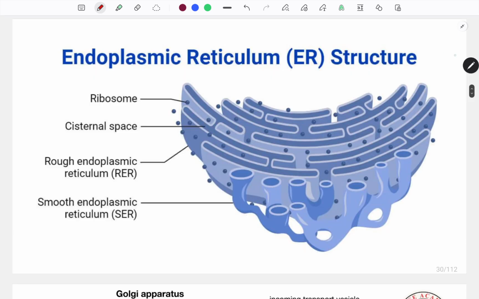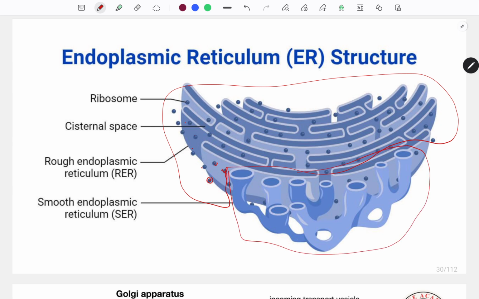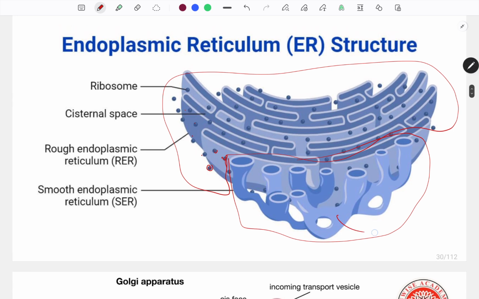Next, this is how endoplasmic reticulum looks, and the small dots present on the structure are ribosomes. Because of the presence of these ribosomes on the surface, this portion is called rough endoplasmic reticulum, and it is involved in protein synthesis. This surface looks smooth because it lacks ribosomes, so it is called smooth endoplasmic reticulum, and it is involved in lipid synthesis.